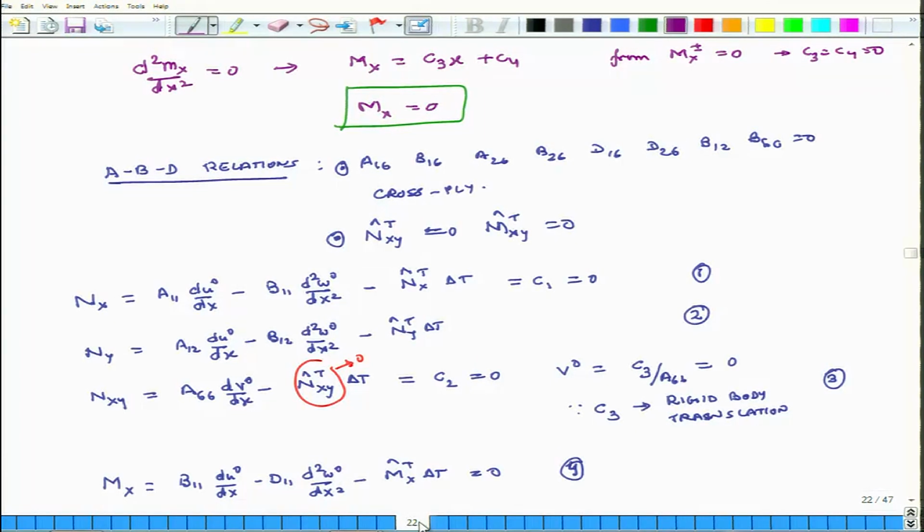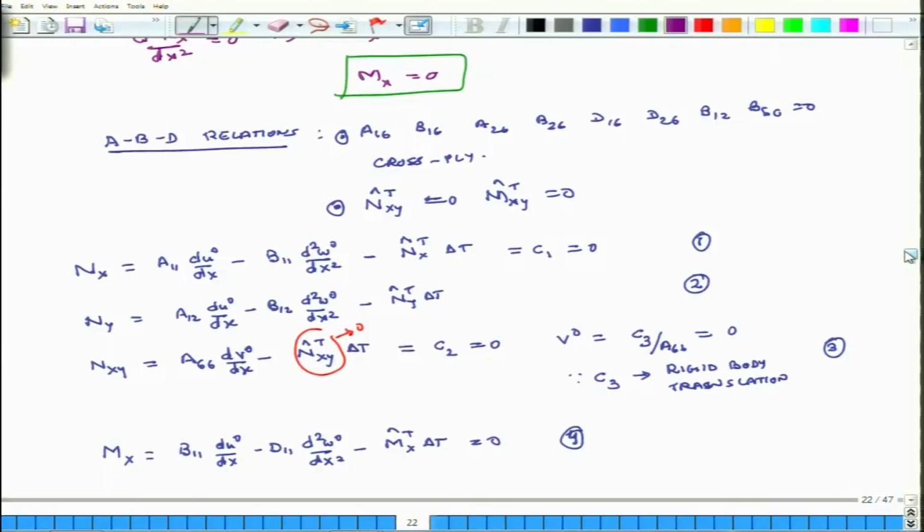Once these equilibrium equations were integrated, we proceeded to link these values of Nx, Nxy, Mx and so on with mid-plane strains and curvatures, and through mid-plane strains and curvatures to mid-plane displacements u, v and w naught.